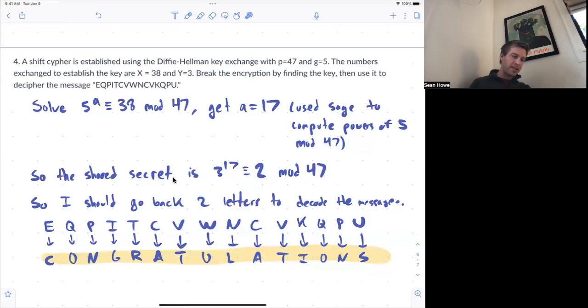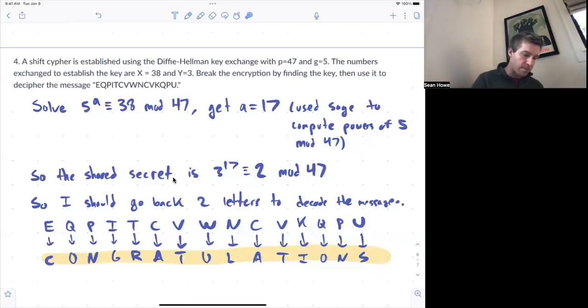When you're doing this, you need to find the information that people use to do it. Remember, one person picked a number A, another person picked a number B, and then the first person sent 5 to the A, the other person sent 5 to the B, and then they took the number they got and raised it to the A and B again.